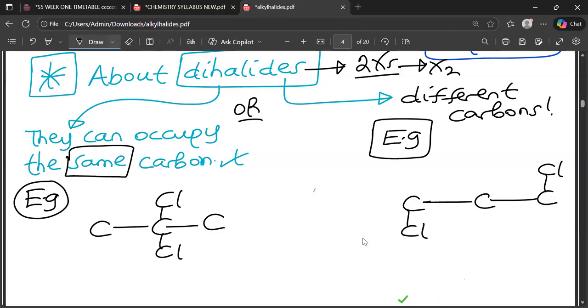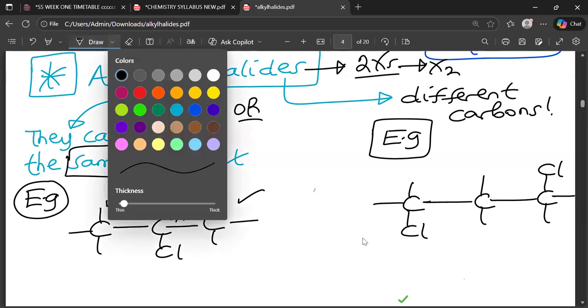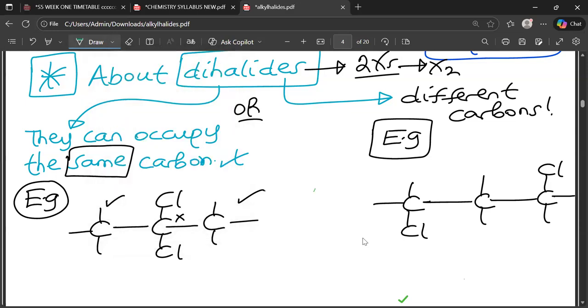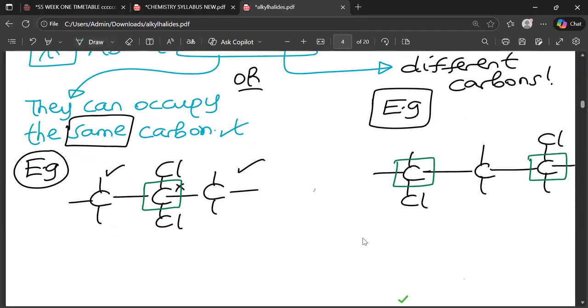You get? Then I put my hydrogens elsewhere. You all know the balance is always taken up by hydrogen. This carbon had a balance of 3, this one had no balance. This carbon has a balance of 2, this one has a balance of 2, this one has a balance of 2, like that. If people are following, here the two Cls, the two X's, which can be Br or anything, are on the same carbon, this one. Then here they are on different carbons. One Cl is on this carbon, the other Cl is on this carbon. I don't know if you're seeing that.